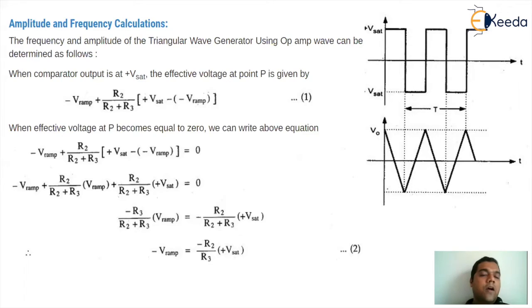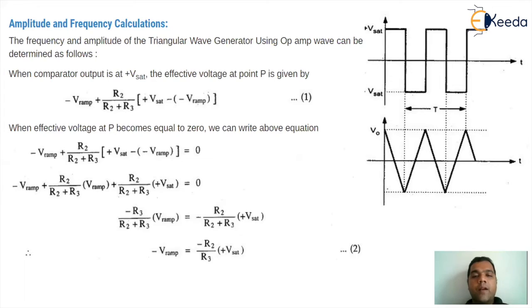So on that addition effect of the drop across R2 plus the ramp voltage, that voltage will be somewhere around 0, so that the output of the first amplifier can either be plus or minus Vsat. So for typical calculation, we are taking the value to be equal to 0. When we equate with the value equal to 0, we get minus of R3 by R2 plus R3 into Vramp.